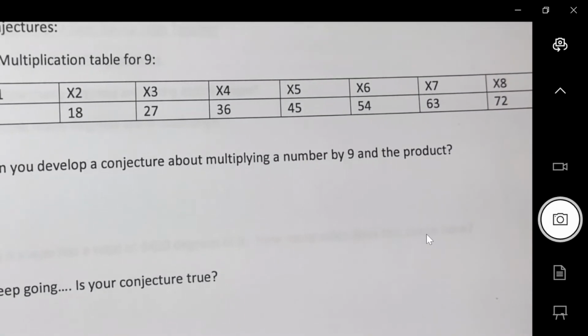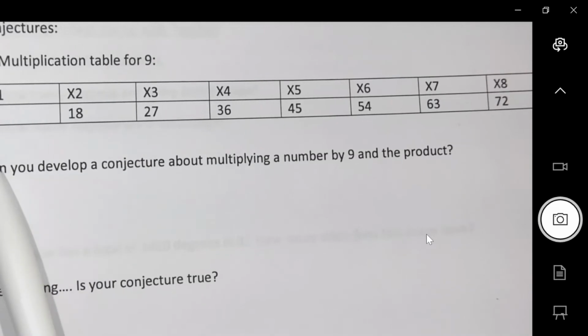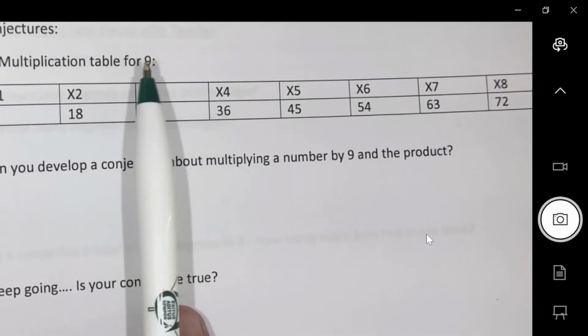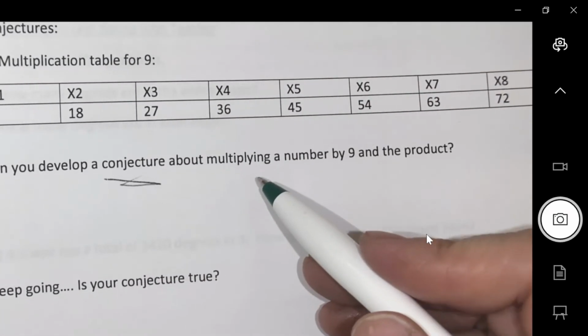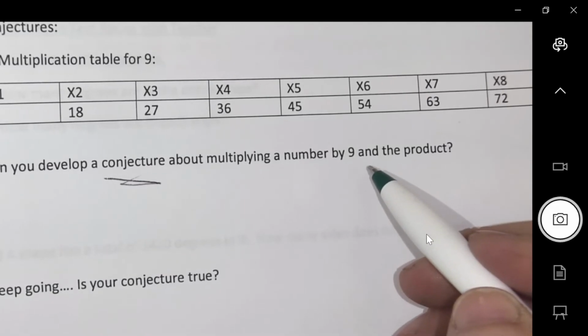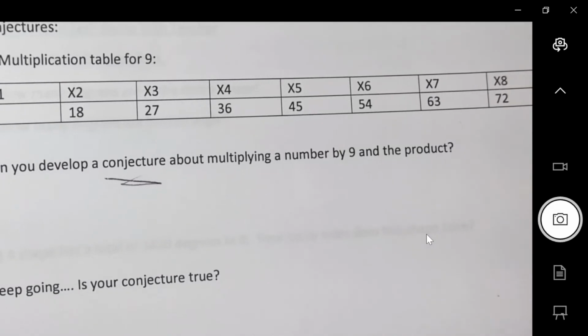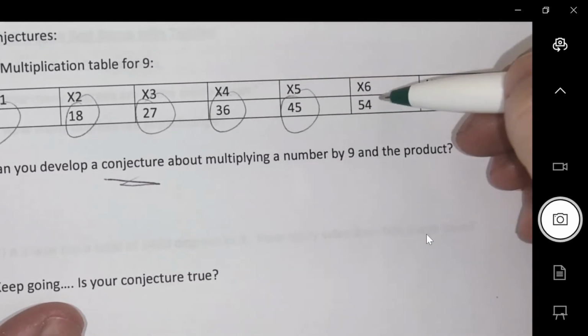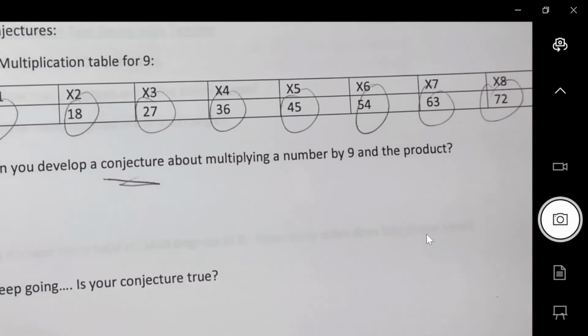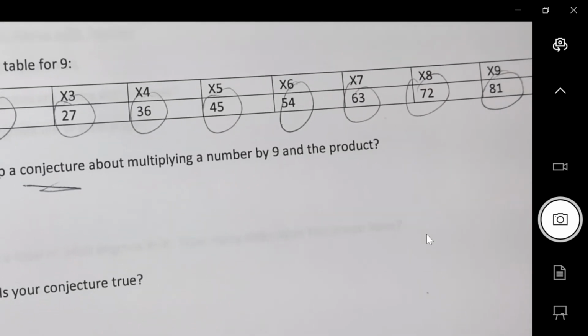Okay, multiplication table, we have 9 times 1 is 9. 9 times 2 is 18. 9 times 3 is 27. Can you develop a conjecture about multiplying a number by 9 and its product? So these are the products. Is there any pattern that we can say?